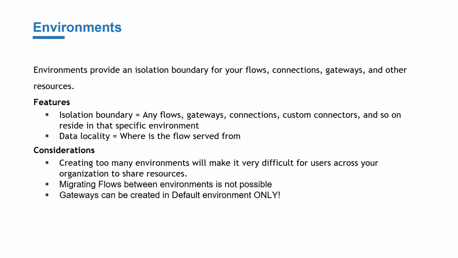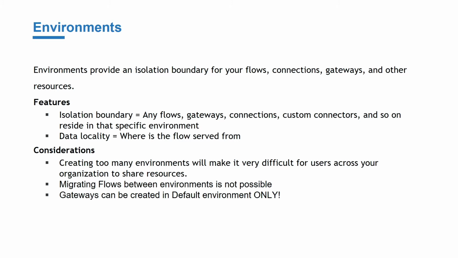One interesting thing to note in terms of Flow's environment is that it provides you the ability to create isolation boundaries between your flows. So that is typically needed if you have different types of roles within an organization and you want some of the flows to run only for a certain type of people, or if you have segregated offices and regionality that applies, and then you need to have a separate environment for each one of those offices or regional offices.